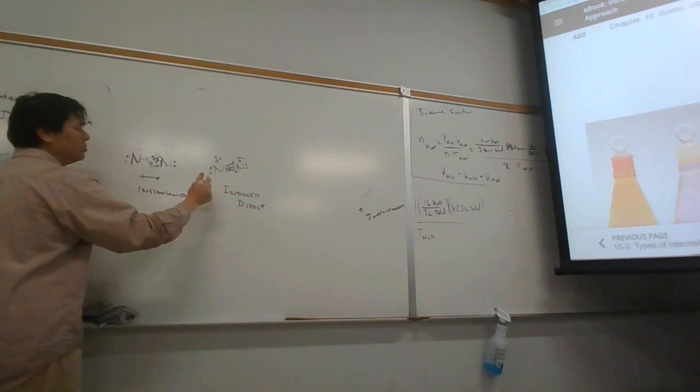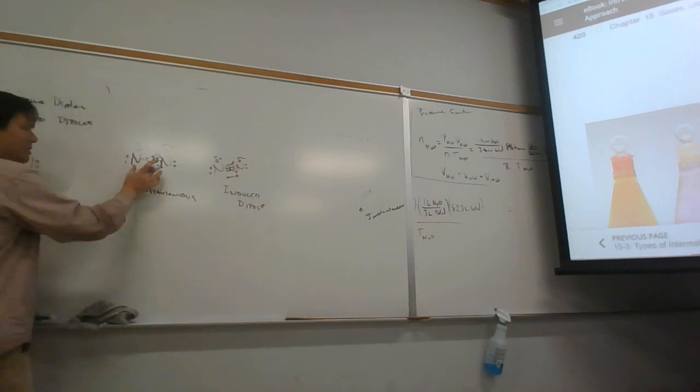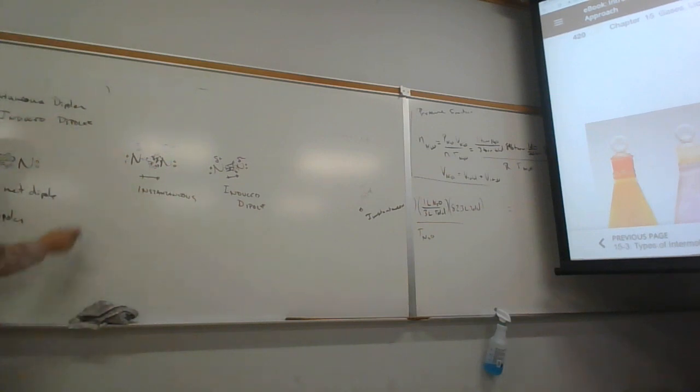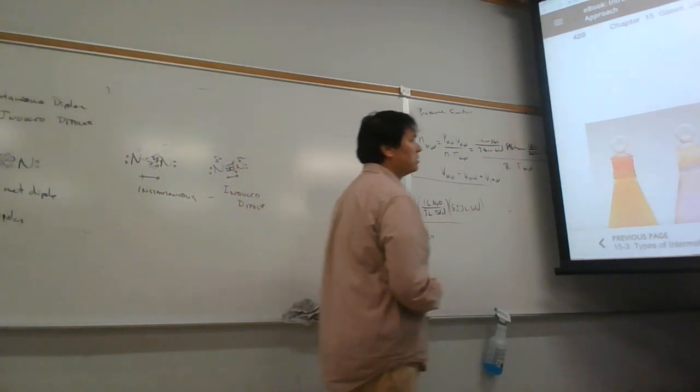And so this induces a dipole here. Whereas if there's nitrogen over here, it'll induce it where the electrons are attracted to this positive charge. Instantaneous induced dipoles are called London forces.